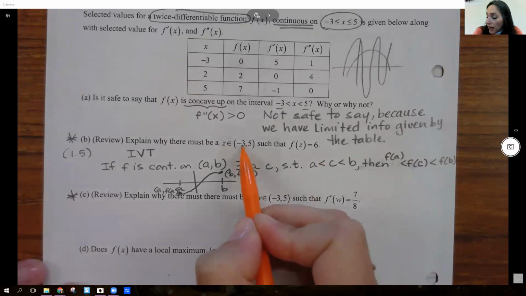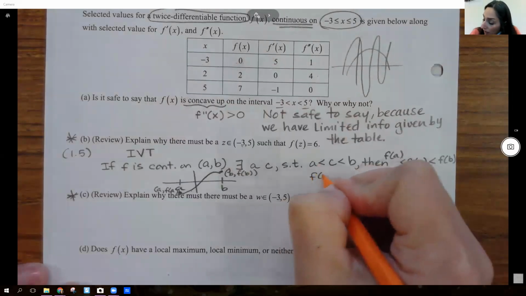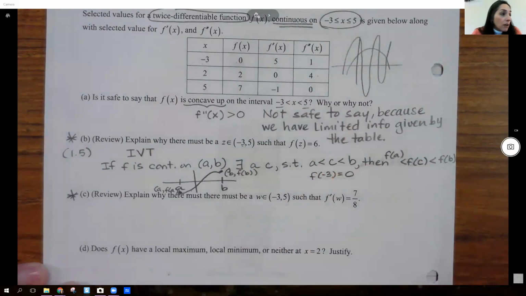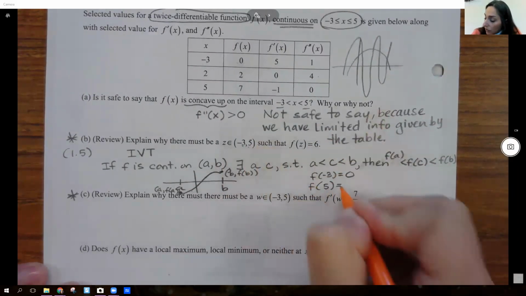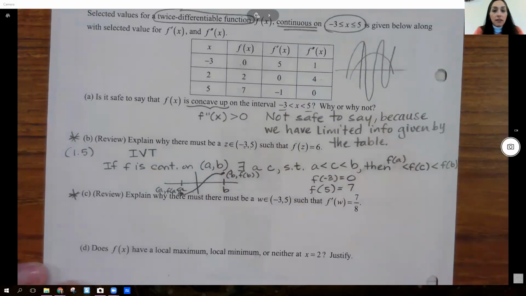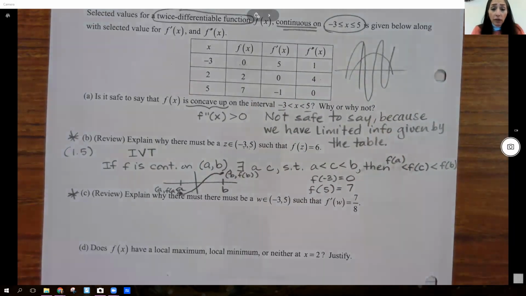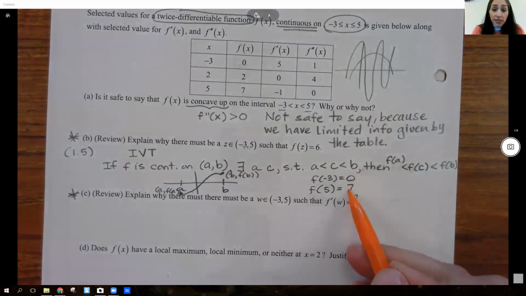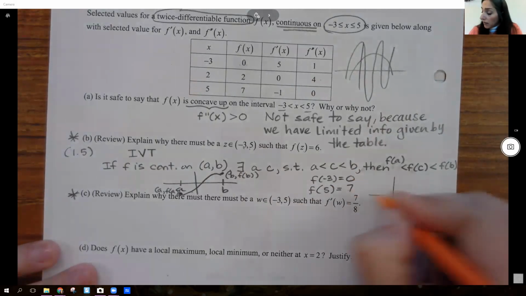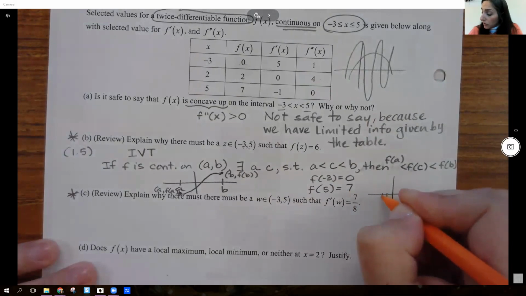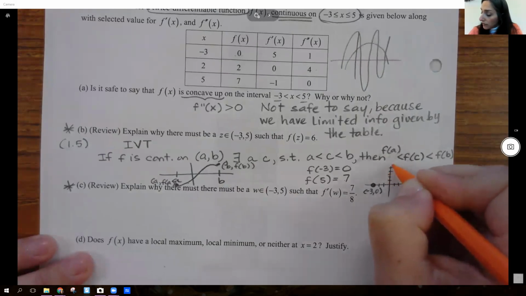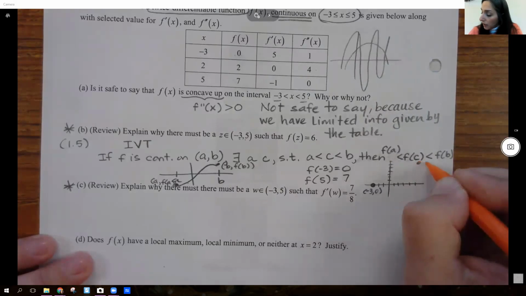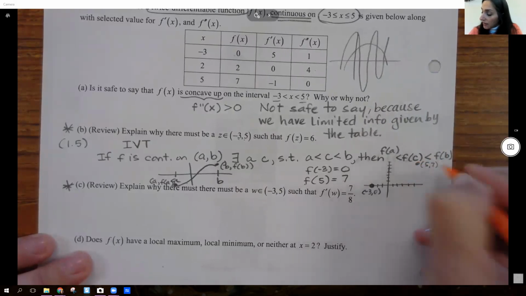So look at what happens here. If you're at -3, the Y value is 0. And if you end at 5, the Y value at 5 is 7. So even though we're on an open interval, if we go from 0 to 7, at -3, 0, and at 5, 7.